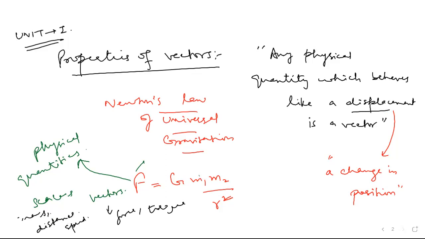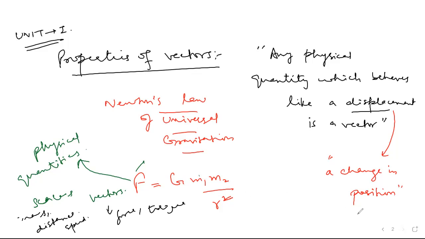I'm just refreshing your memory. So we have physical quantities, some are scalars, some are vectors. We handle scalars differently, we handle vectors differently, because vectors have involvement of direction and geometry, right? So I gave you the definition of the vector.